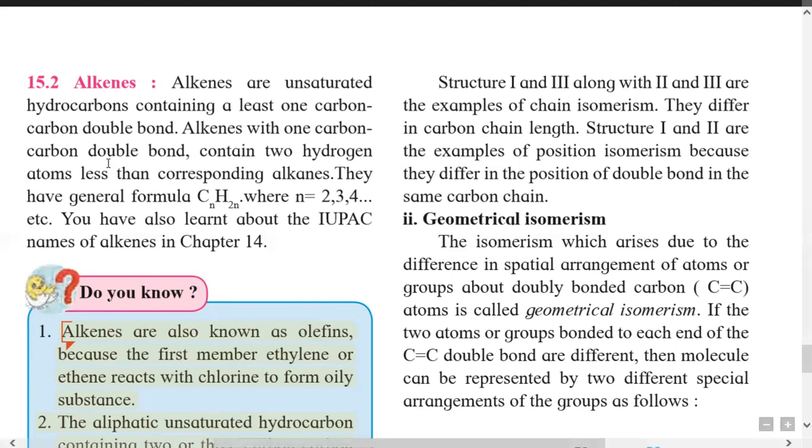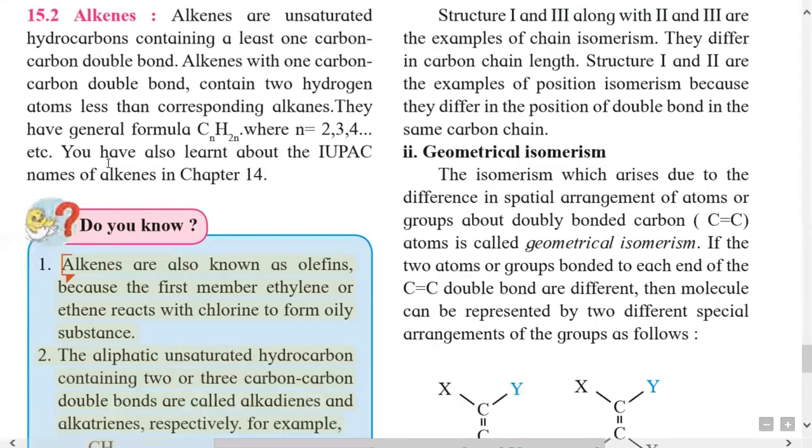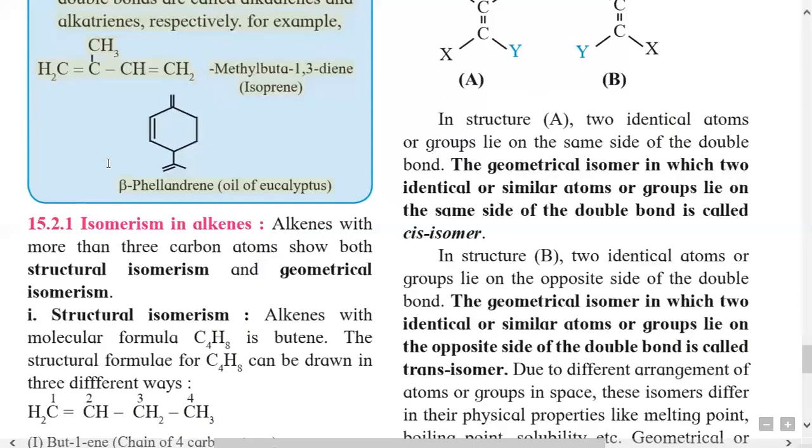For example, we know the molecular formula of ethane is C2H6. If we remove two hydrogens, the molecular formula will be C2H4, and that is ethene. So like this we can obtain the different examples of alkene.